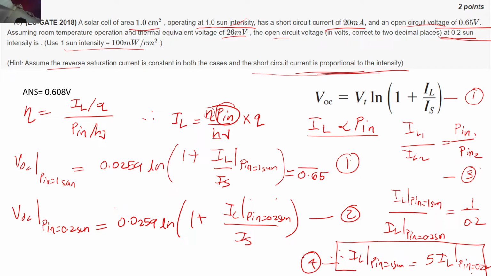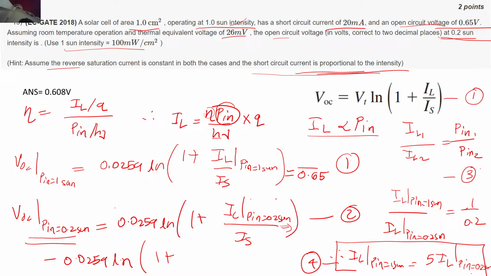So we have the relations with us. The relation between IL when P_in was 1 sun and P_in was 0.2 sun has been given to us. Now we are just going to do some manipulation over here, and we have to find this value anyhow. So let me put it here itself: 0.0259 into ln of, so I will replace this 0.2 sun with P_in equal to 1 sun using equation number 4.